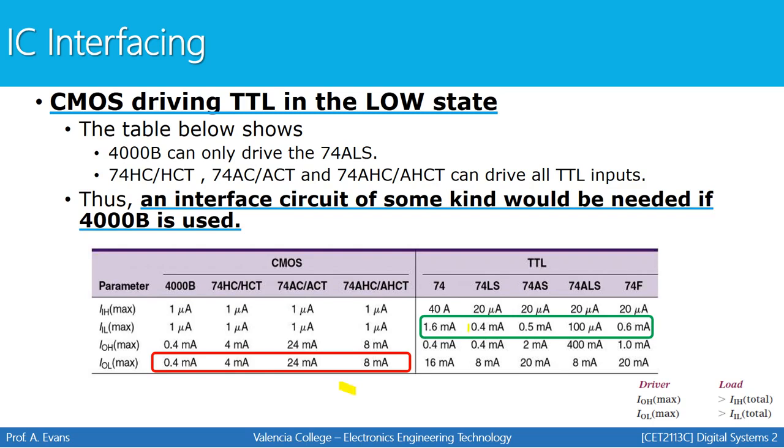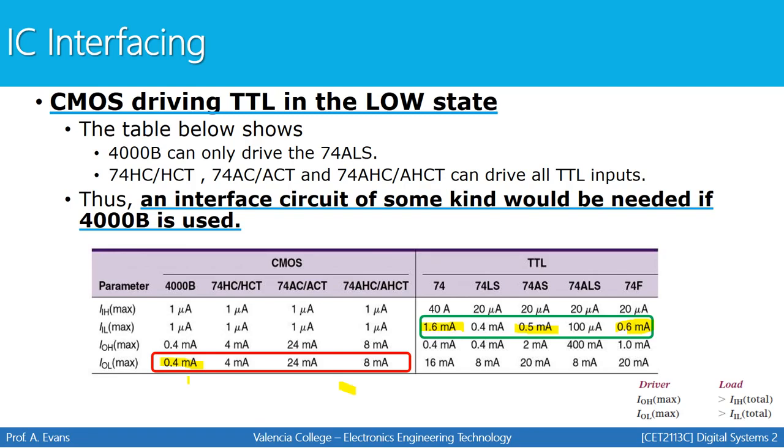One issue might be that the 74AS, the 74F, all of these are going to sink more current than the 4000B can handle. It can only handle 0.4 milliamps. So if this is my driver, this is my load, and I'm in the low state, 1.6 milliamps will be sunk back here to this 0.4 milliamp. It's too high. So you would need an interface to deal with that kind of scenario.